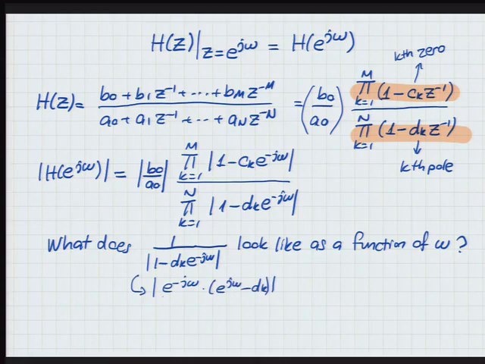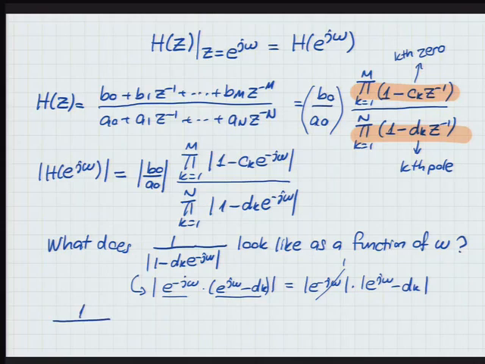And if I multiply two complex numbers and look at the magnitude, it's the product of the magnitudes. And what's the magnitude of this guy? It's 1. So that goes away, right? So we're interested in 1 over e to the j omega minus d_k. What is that geometrically? Where does e to the j omega fall in the z plane?